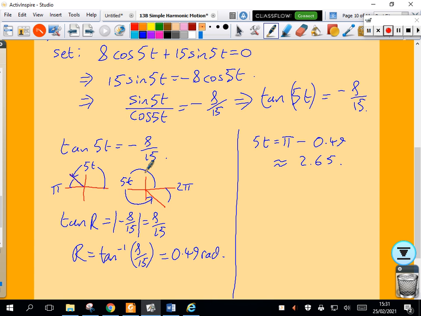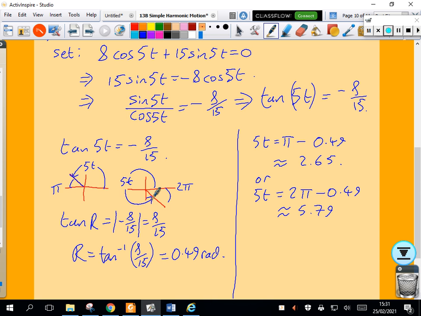The next time will be 2 pi minus that angle in there. So 2 pi minus the reference angle, which I'm going to get as 5.79 to 2 decimal places. That's here.